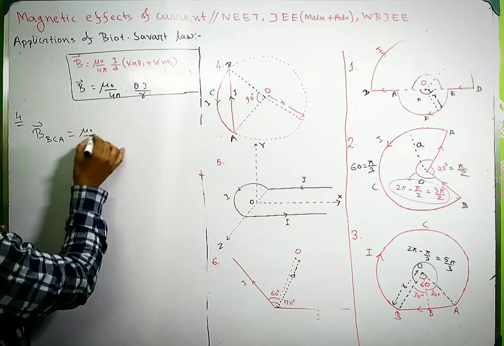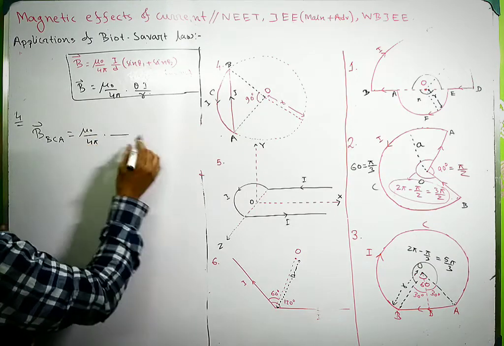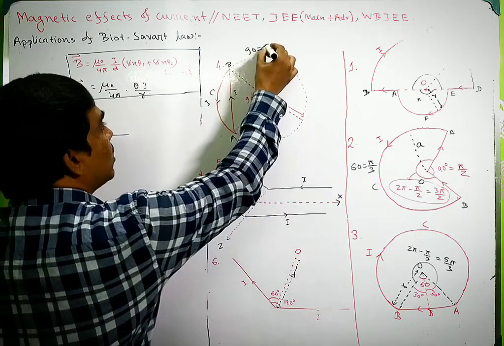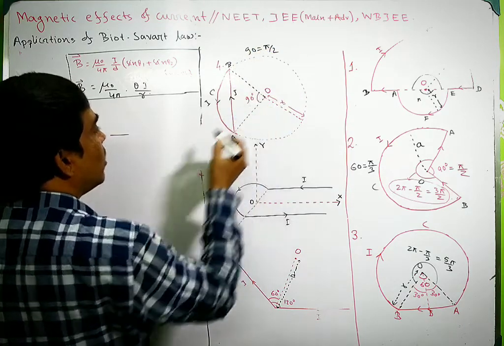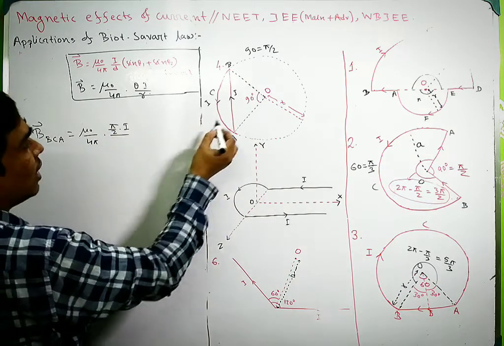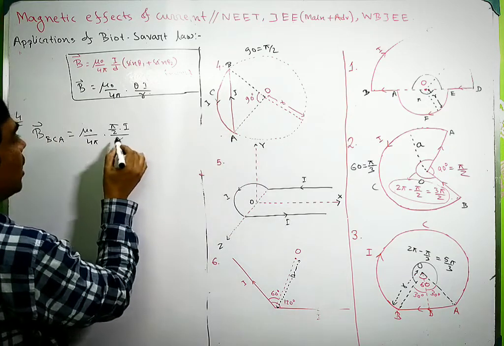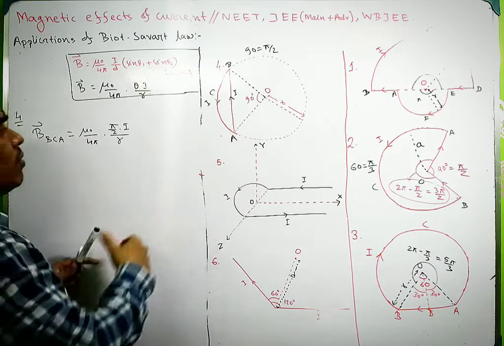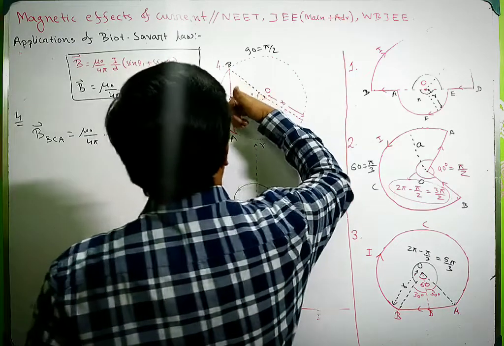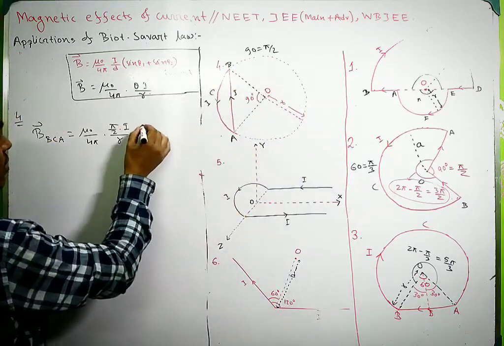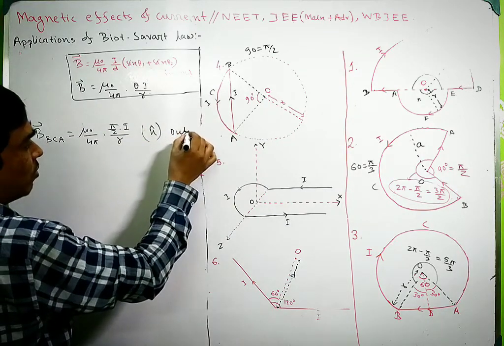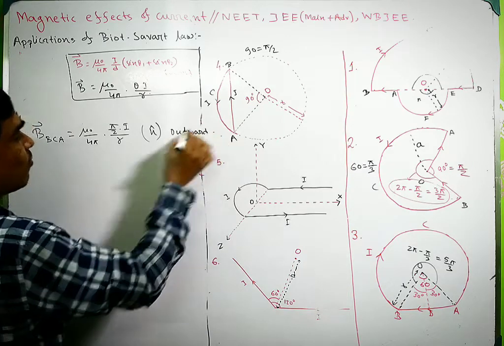So it will be mu 0 by 4 pi into, this angle is 90 degree, so it can be written as pi by 2, into I divided by R. The direction of the magnetic field: the current is along this direction, so the magnetic field is outward. In this case, this is k cap, that means outward, positive z axis.